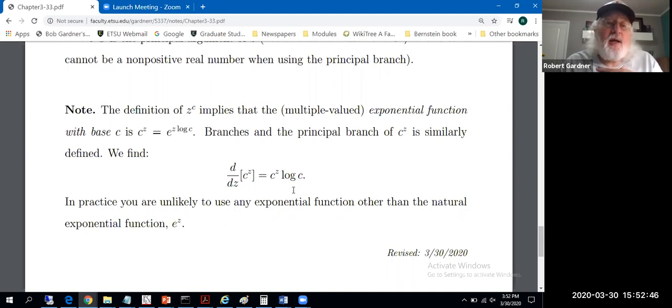But just FYI, here's how to deal with exponentials base c as opposed to exponentials base e. We are highly unlikely to ever use this stuff. You're highly unlikely in a calculus setting, and so in an analysis setting, to deal with any exponential functions other than those that are base e. Maybe there are people living perfectly happy lives dealing with base 10 exponential functions, and a Richter scale is based on some base 10 stuff.